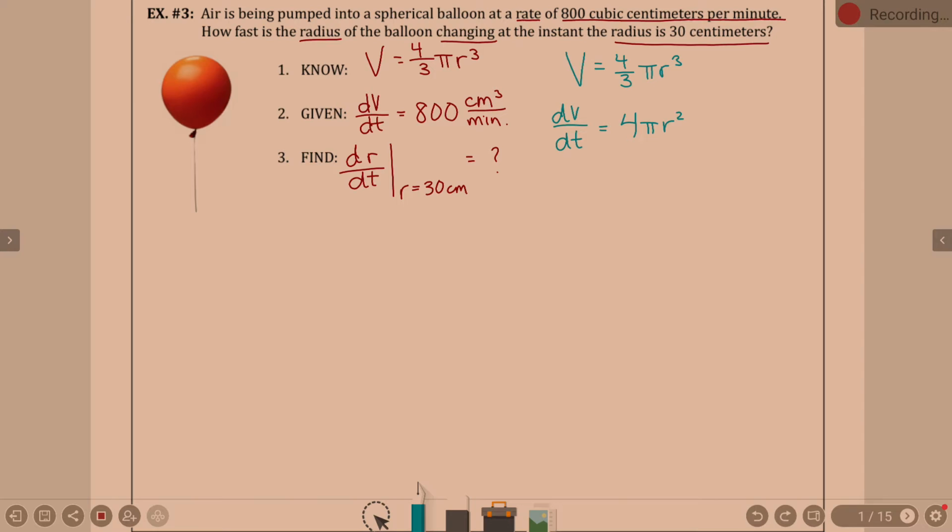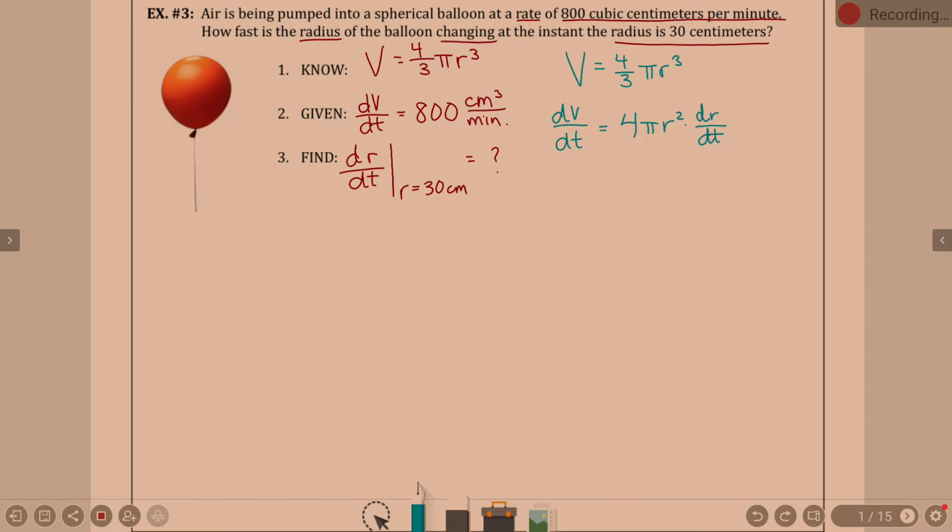Because 3 times 4/3, the 3's will cancel, we'll have 4. Keep the pi. r to the second times the derivative of radius with respect to time. Now, I kind of do a double check. I'm provided dV/dt. I'm provided r. The only other thing is dr/dt, which is what I'm being asked to find, right?